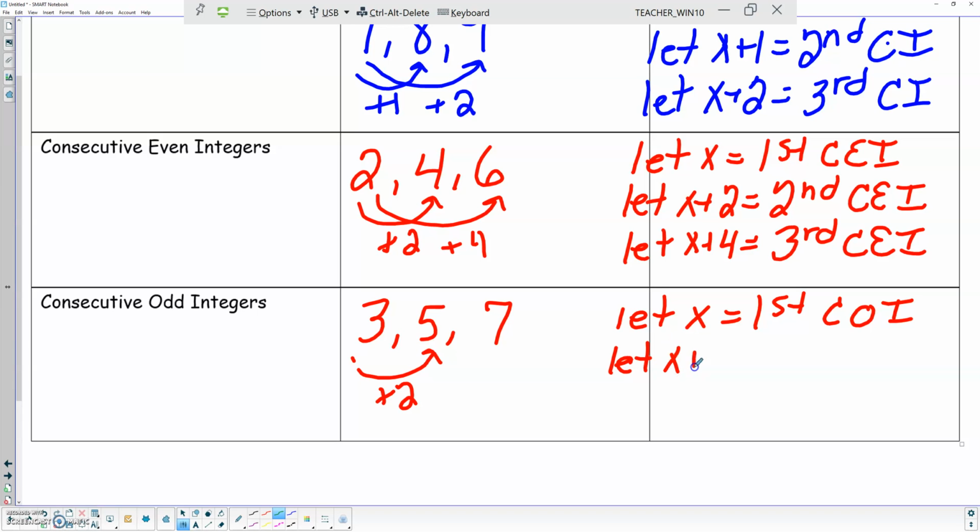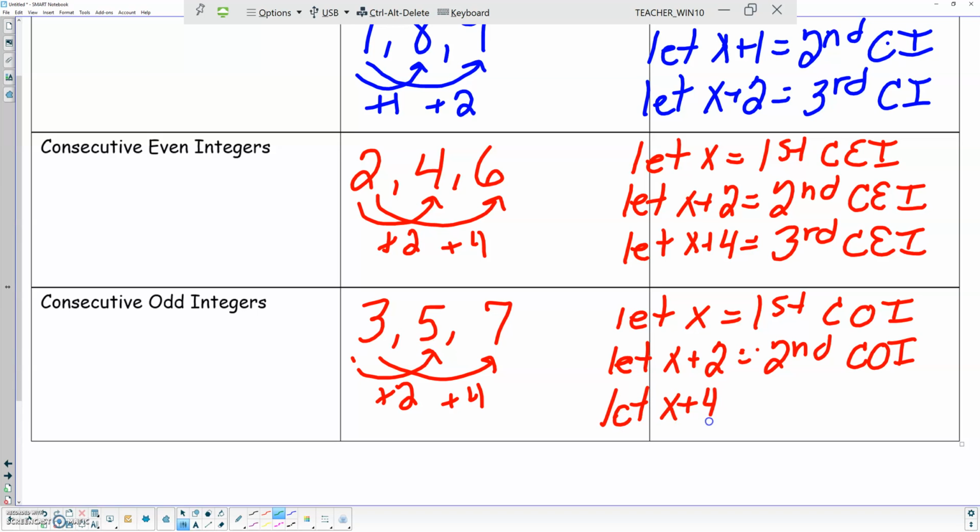So we would let x plus 2 equal the second consecutive odd integer. And then to get from 3 to 7, we're adding 4. So we would let x plus 4 equal the third consecutive odd integer. So when we're talking about consecutive even or consecutive odd, the let statements are always going to look the same.